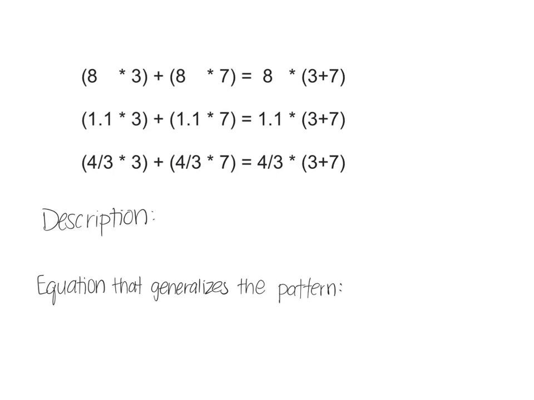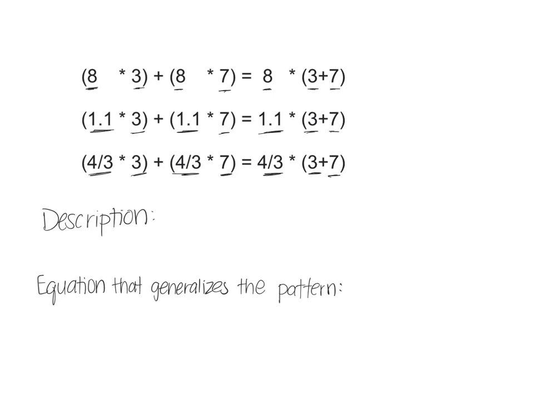So I'm going to start off underlining the numbers I have in common in the equations. So I have an 8, 8, 8, 3, 3, 7, 7, 1.1, 1.1, 1.1, 3, 3, 7, 7, 4 thirds, 4 thirds, 4 thirds, 3, 3, 7, 7.